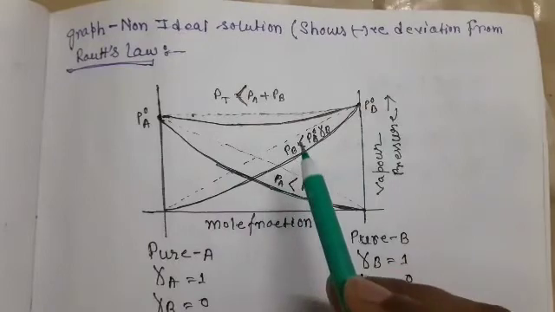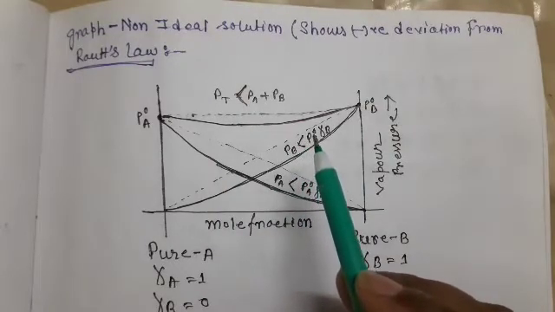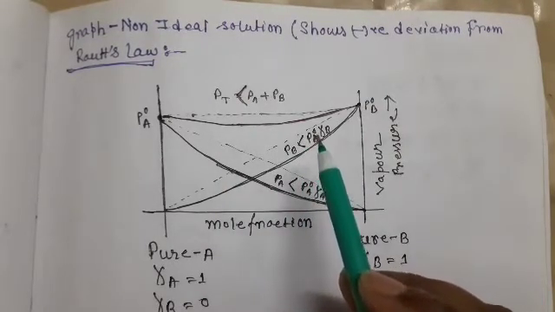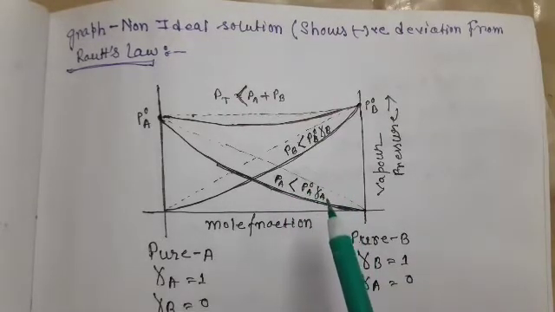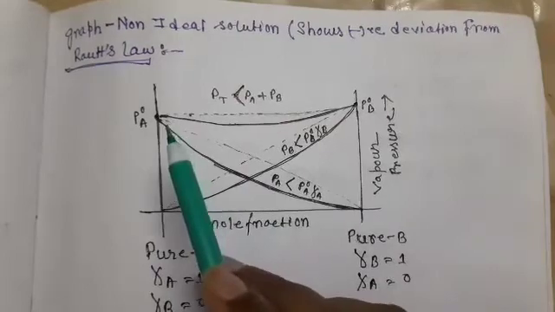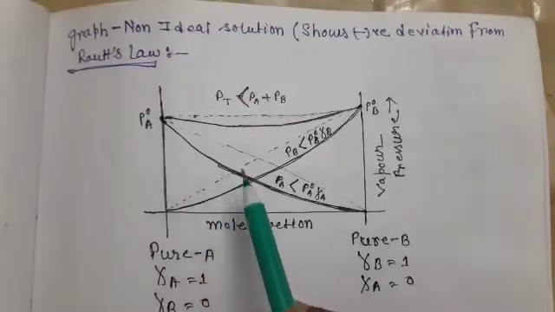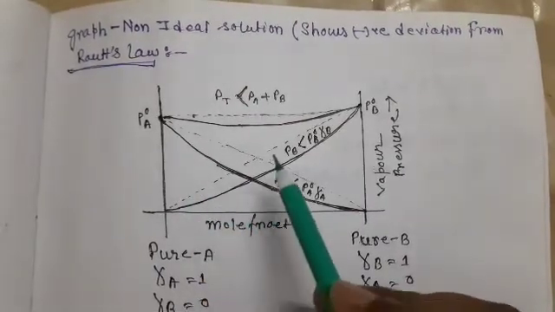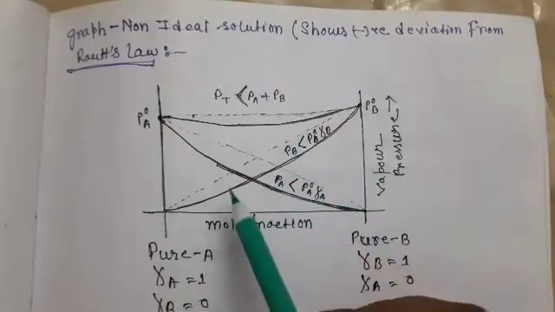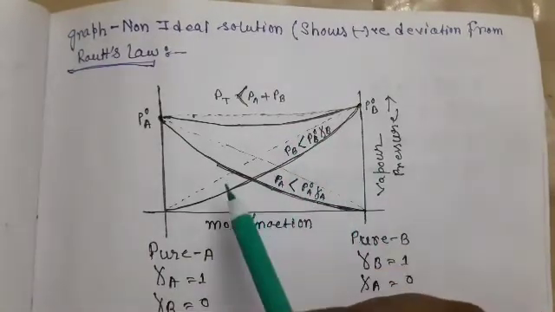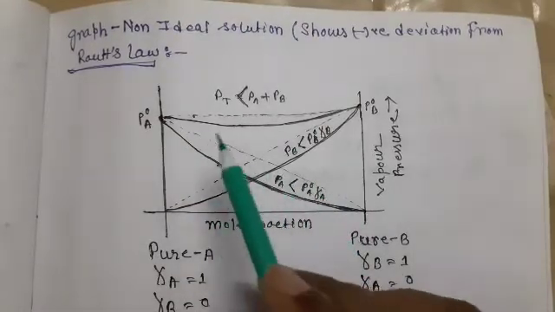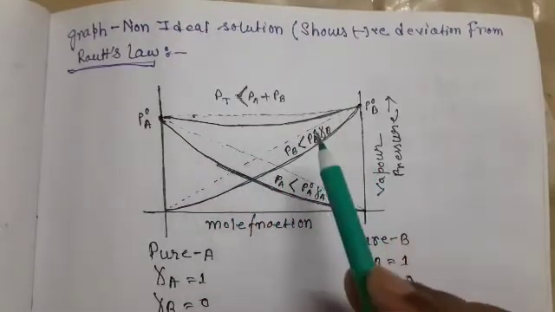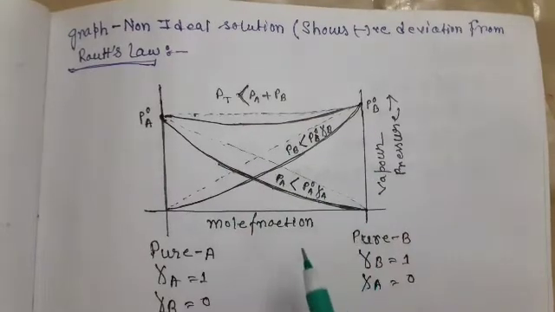Here PB is less than P naught B χB. Here PA is less than P naught A χA. That is why the graph is also below the dotted line. The dotted line denotes the ideal solution, which maintains Raoult's law. Here it does not maintain Raoult's law. That is why the graph is below the dotted line for negative deviation.